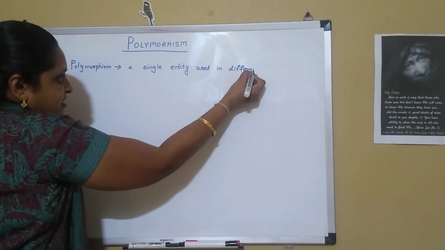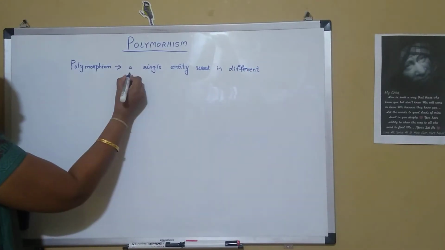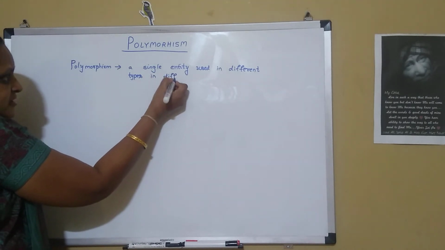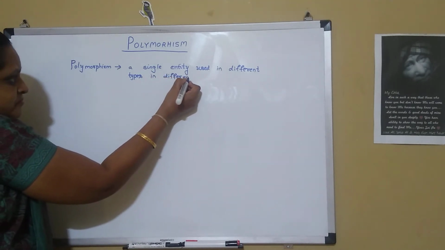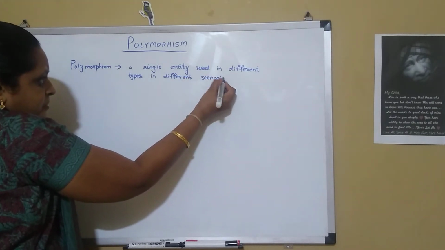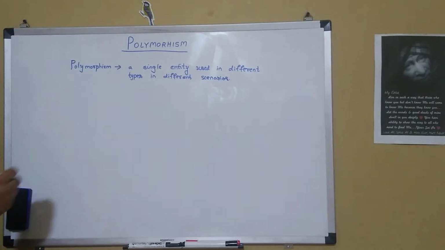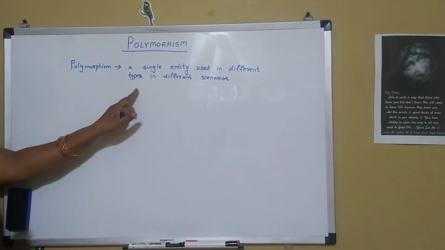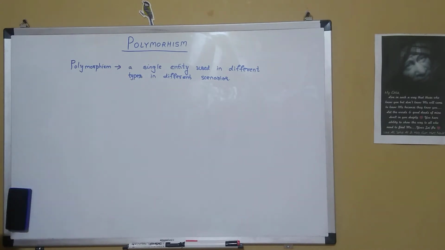The single entity is used in different types in different scenarios. So polymorphism is nothing but a single entity is used to represent different types in different scenarios.